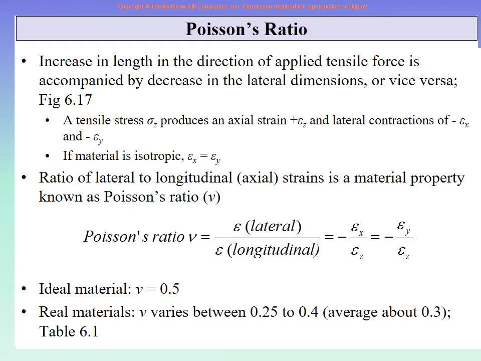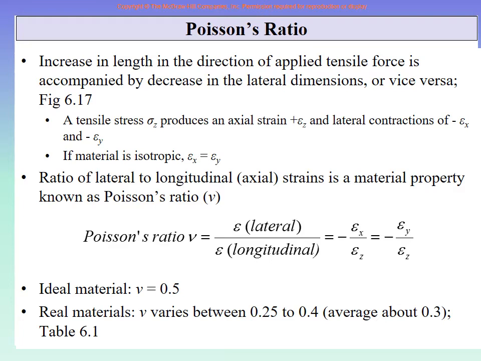So therefore there is this minus sign. If there was a plus sign, it would mean that if the length is increased, the diameter will also be increased, but that can never happen. If we are pulling the piece, the length is increasing, the diameter will decrease. So one increases, the other decreases, therefore there is a minus sign, right?